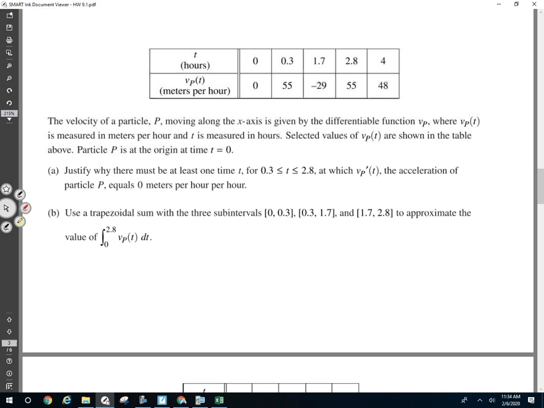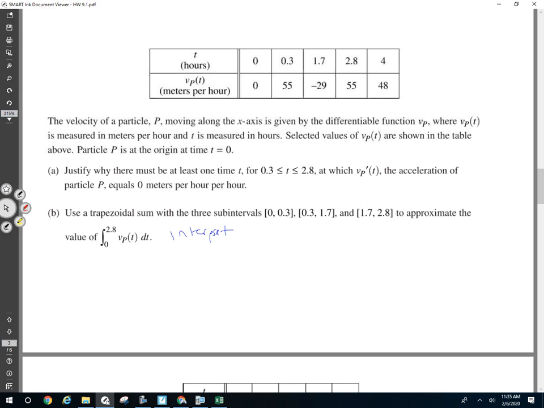And what they're missing is one extra statement, which is an interpretation. You have to use your calculator to do this calculation, but it asks you to use the trapezoidal sum from 0 to 0.3, 0.3 to 1.7, and 1.7 to 2.8 to approximate the value of the integral from 0 to 2.8 of v of t, and then to interpret it.